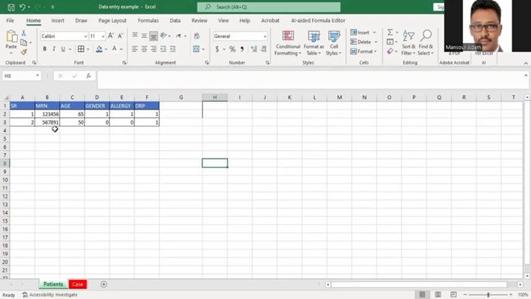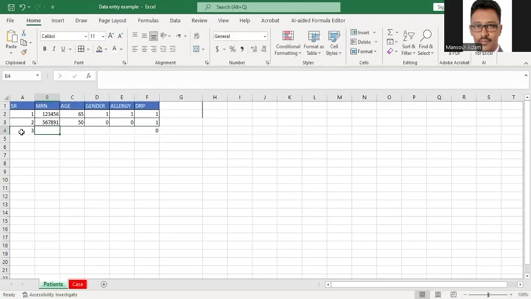For the demographic table, I will just take age, gender, allergy, and how many patients have a DRP. So maybe, let's say, patient number three will not have any problem.